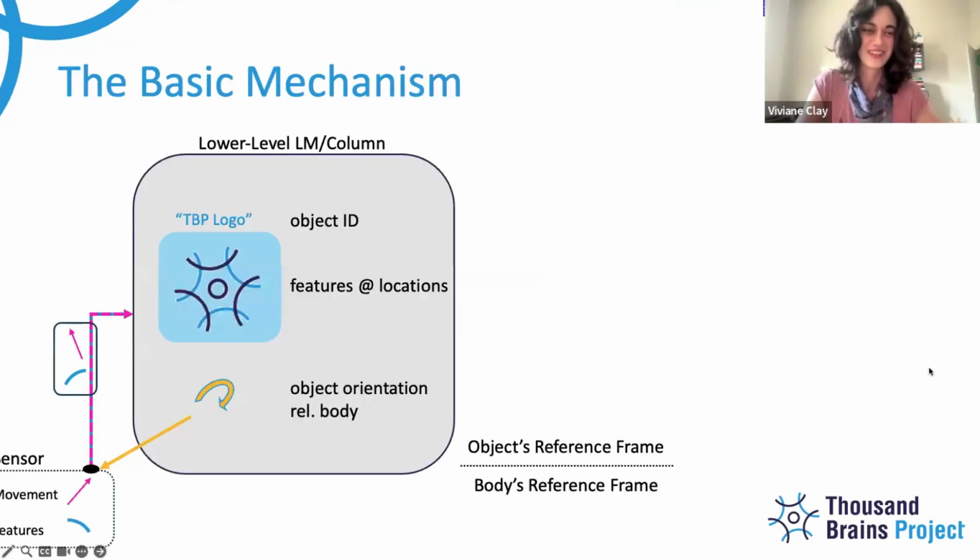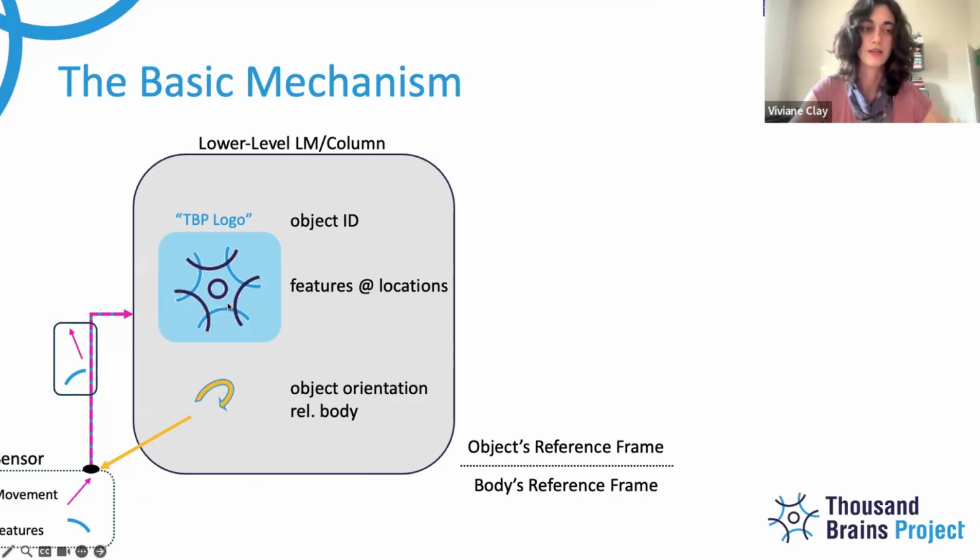Okay, so here's the basic mechanism again, just showing the new way of showing it. We have a sensor, the sensor senses movement and features, and those get transformed from the body's reference frame into the object's reference frame.